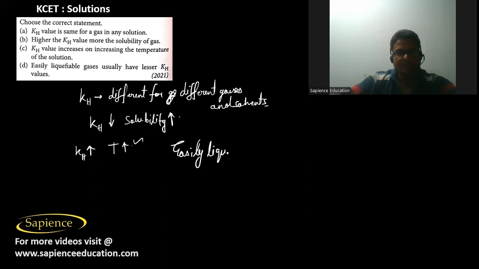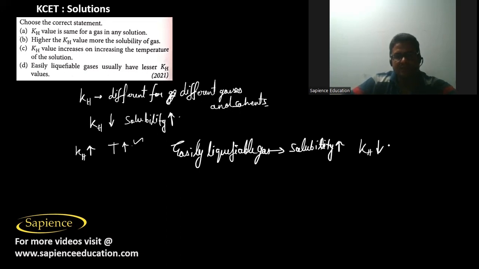Solubility is high, so they have lesser KH values, since solubility is inversely proportional to Henry's constant KH. So options C and D both are correct.